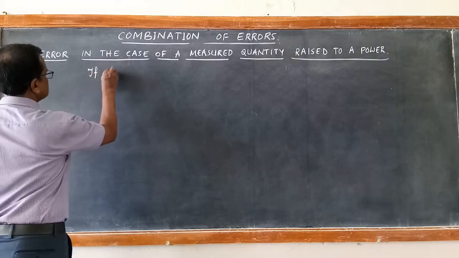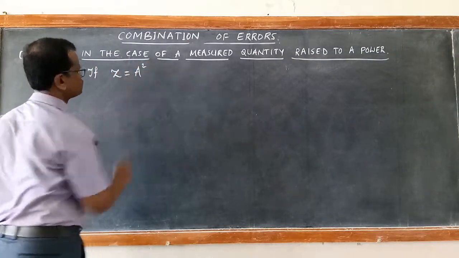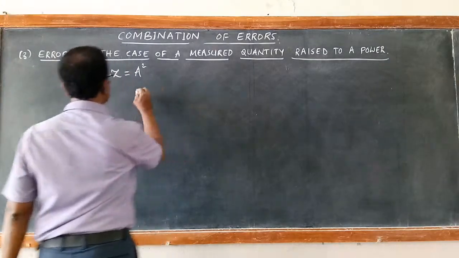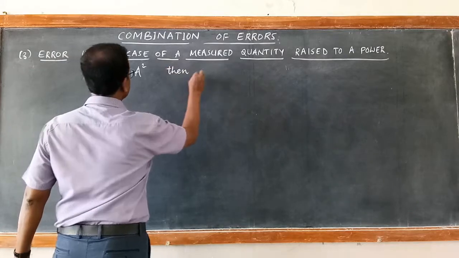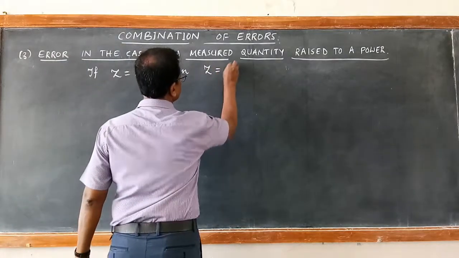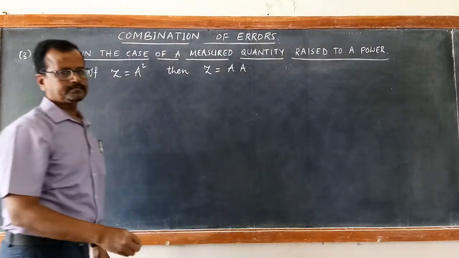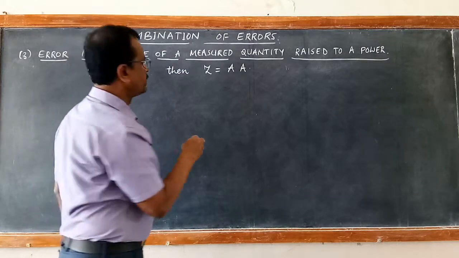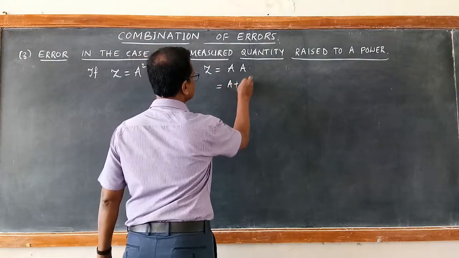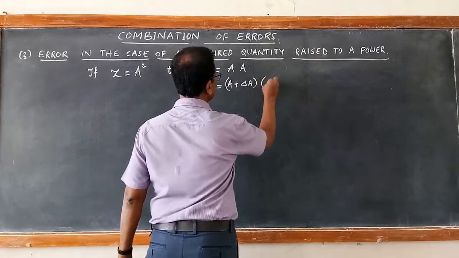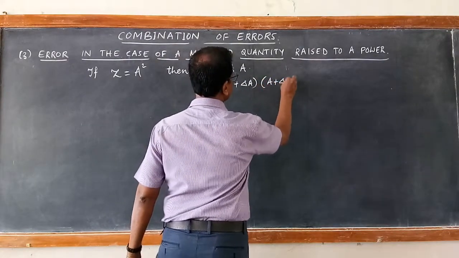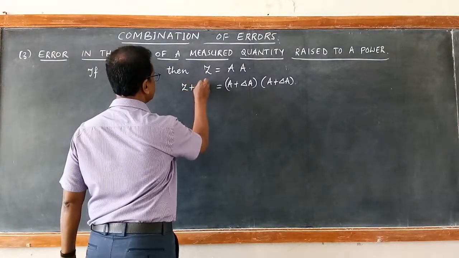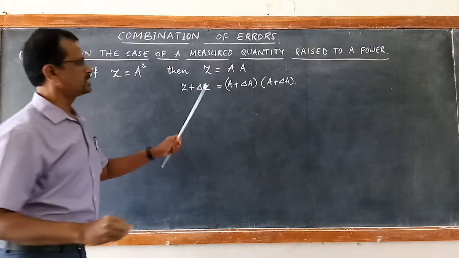If z is in the form of a to the power 2, then as we have proceeded earlier, z can also be written as a into a. Then substitute the measured values of a. The measured value of a is a plus delta a into a plus delta a. If you take the product of this, it will give us the result z plus delta z.